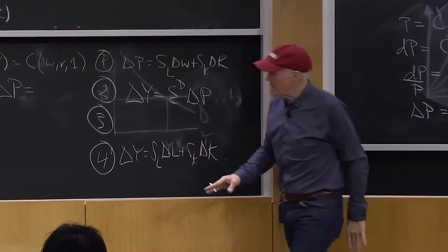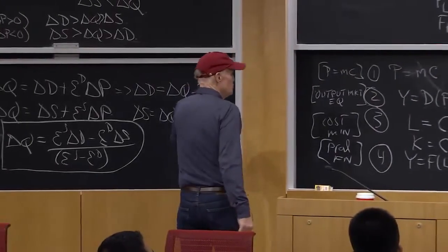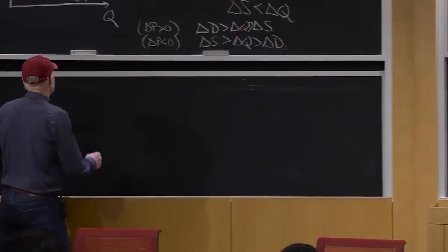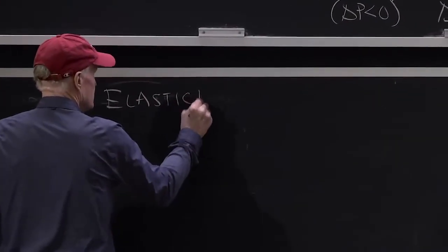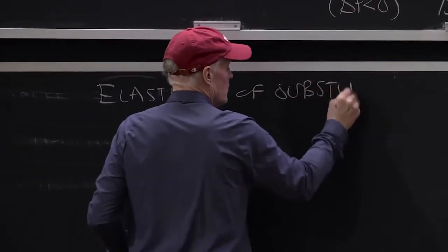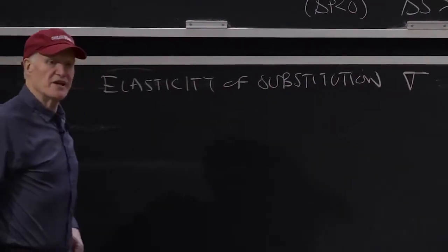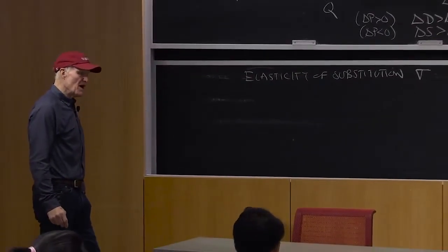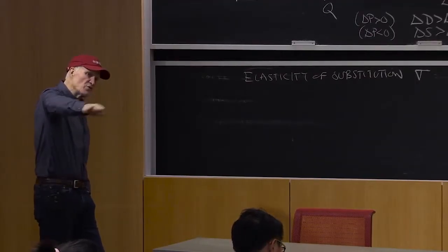I haven't captured that. Economists measure substitution in the two-factor case using a concept known as the elasticity of substitution. Usually you use the letter sigma. It measures how much factor inputs respond to changes in factor prices along that isoquant, right?